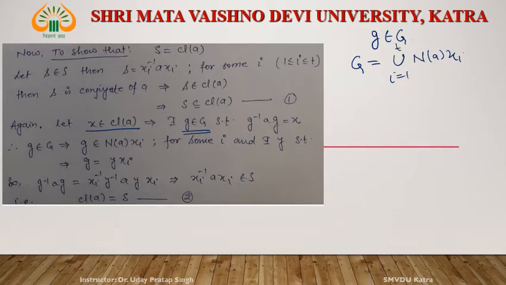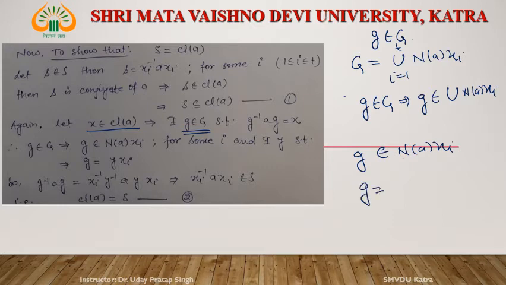So if G is an element of capital G, then G is an element of the union of NaXi. Then this G must belong to some NaXi, so G can be written as one element of Na, say Y, times Xi. So G is YXi.